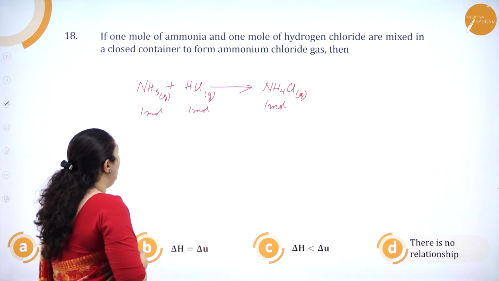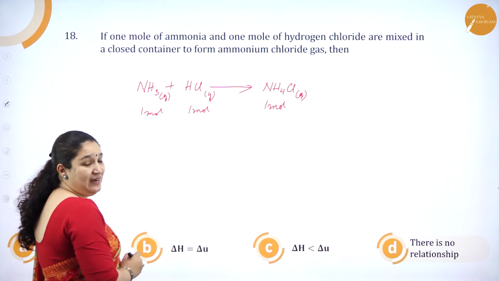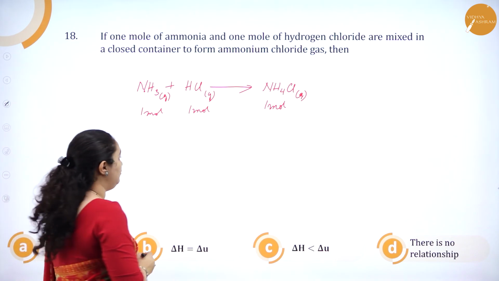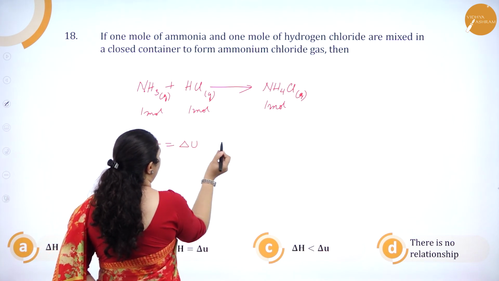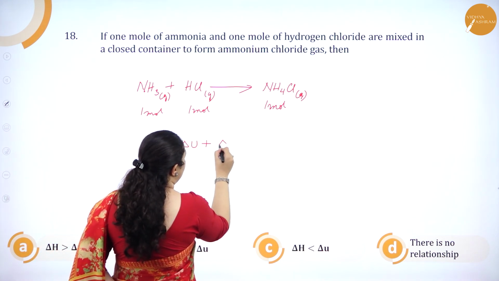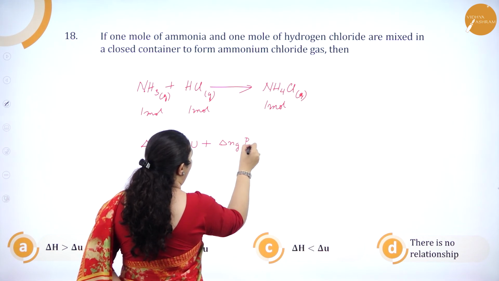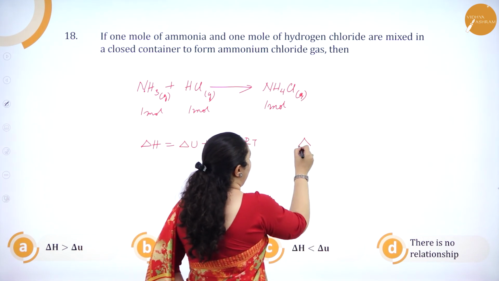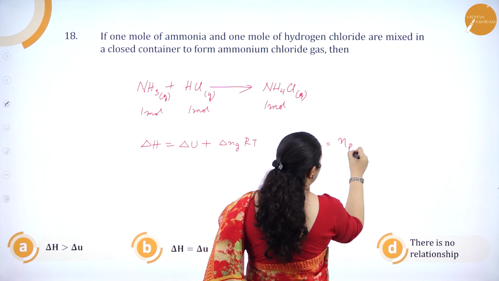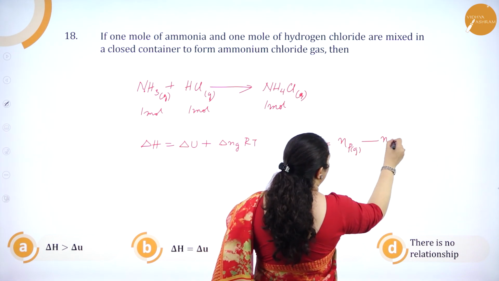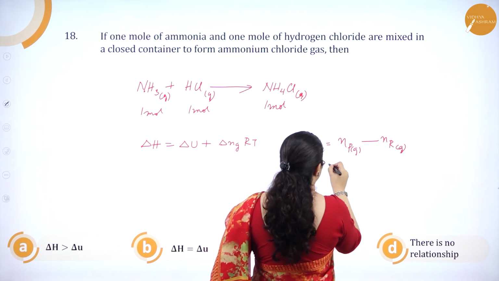Okay. So, what is the relation between delta H and delta U? We have to find out. So here delta H is equal to delta U plus delta Ng RT. Now delta Ng is number of moles of product which is gaseous minus number of moles of reactant which is gaseous.